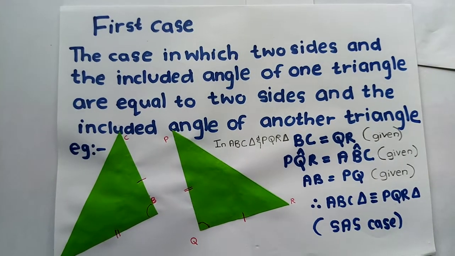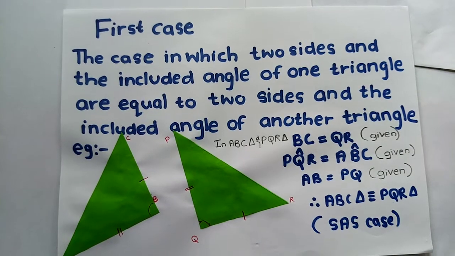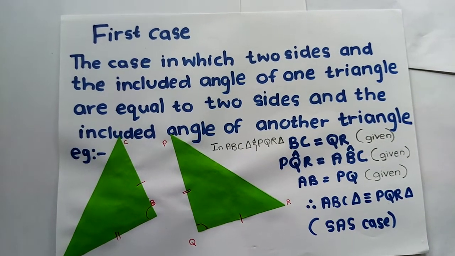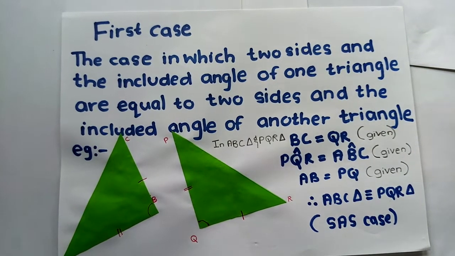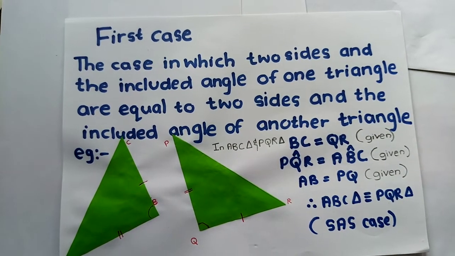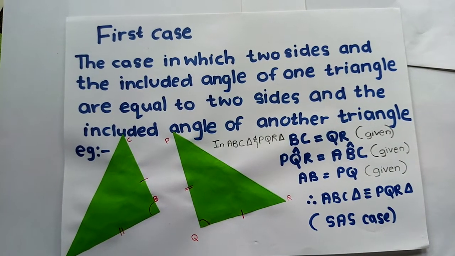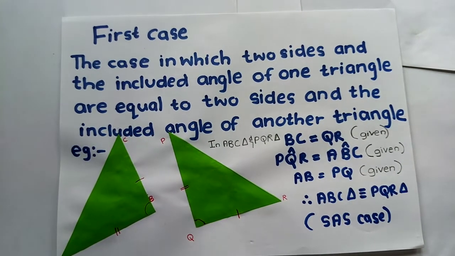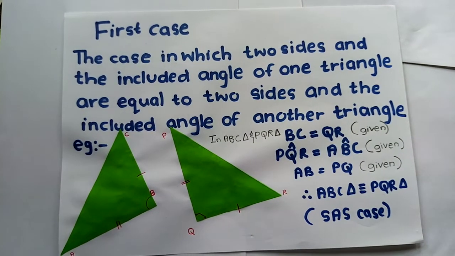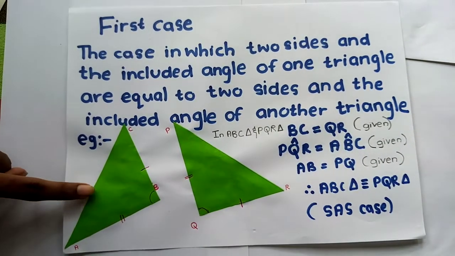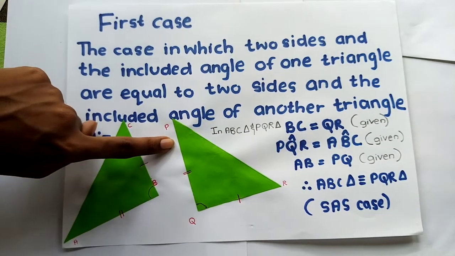Okay. There are four cases that you have to have an idea about in congruency of triangles. First case, the case in which two sides and the included angle of one triangle are equal to two sides and the included angle of another triangle. So here you can see there are two triangles. First one, triangle ABC. The other one, triangle PQR.